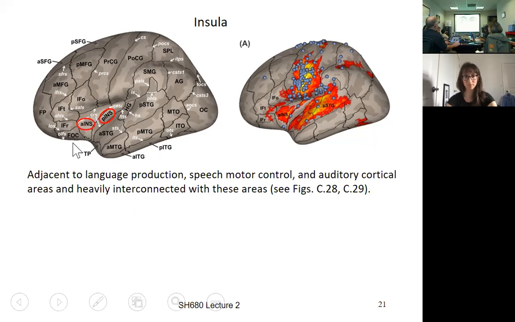This anterior stuff lights up in speech, and there may be a couple of different roles. For example, working memory always activates anterior insula. If you look across many working memory studies, no matter what the working memory involves, it could be dots, it could be words, anterior insula is active, usually bilaterally.